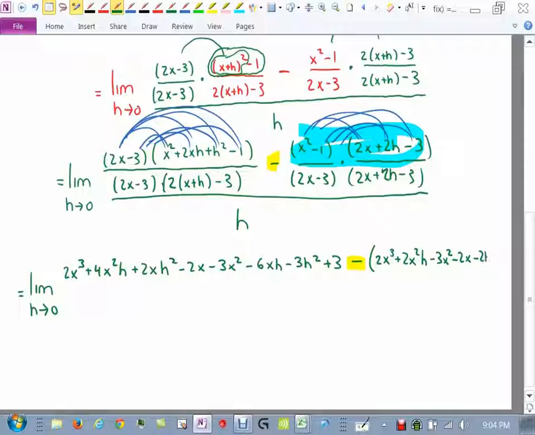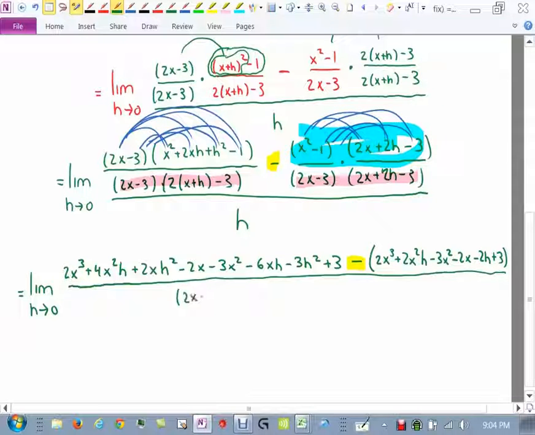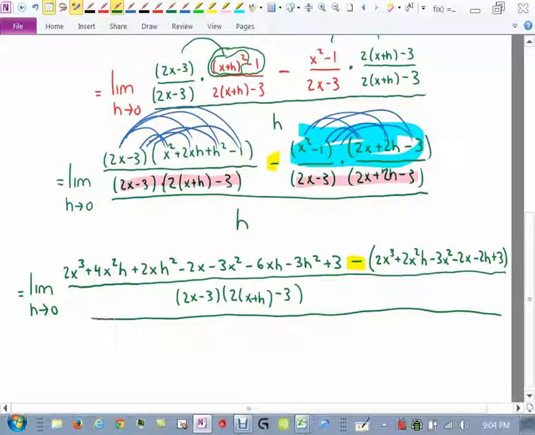All of that over the common denominator, which would be, this is the common denominator in both, so I'm just going to write that below this. 2x minus 3 times 2 times x plus h minus 3, then all of that divided by h. My goodness. This is what makes calculus so challenging, is all this algebra.